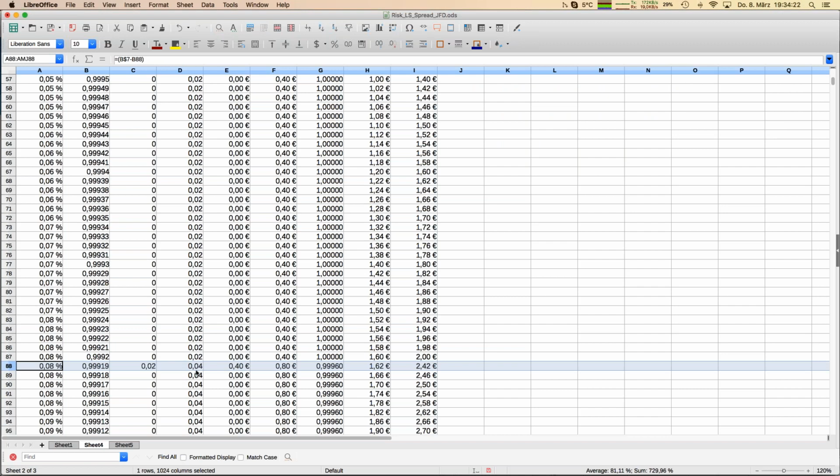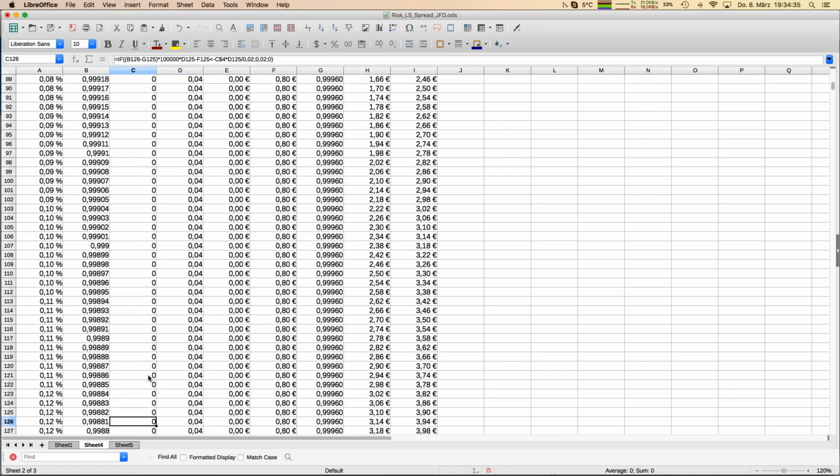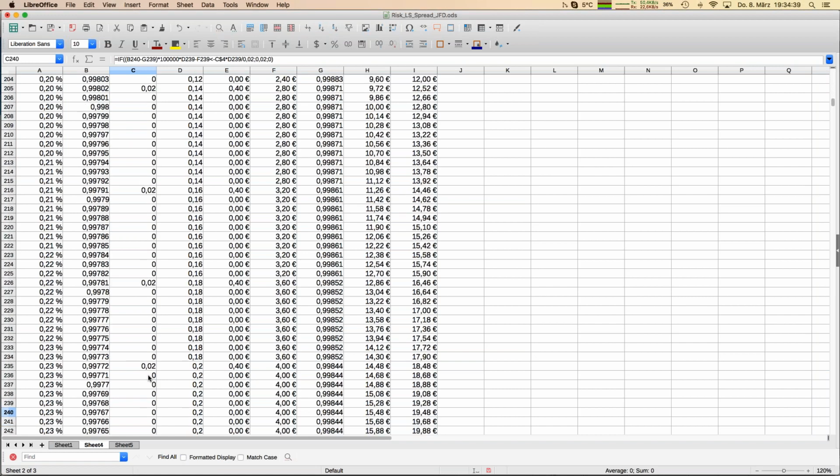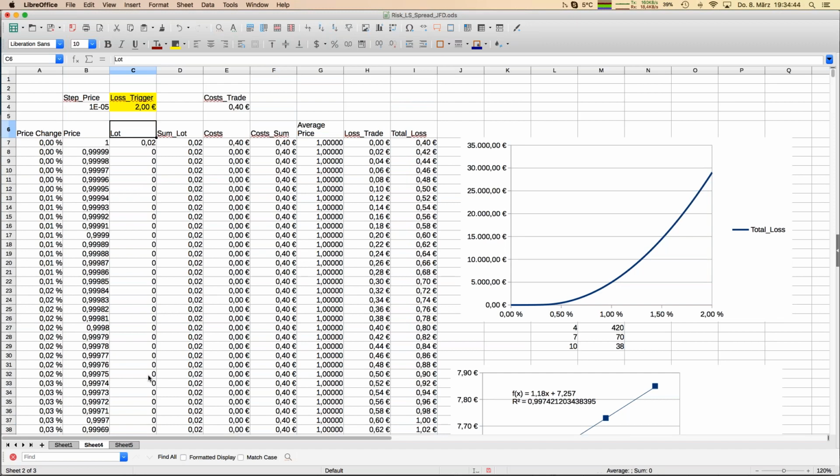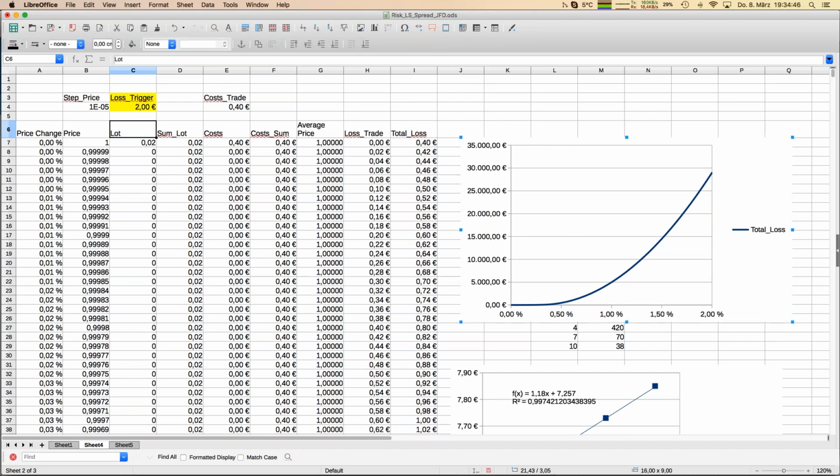And I do my rebuy. So I buy additionally 0.02 lot long. Instantly, I have costs, and now it goes further. So you see what happens. The rebuys will occur more and more frequently, as you see while I move down here. And finally, I get something like this.